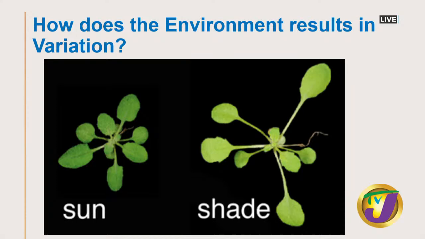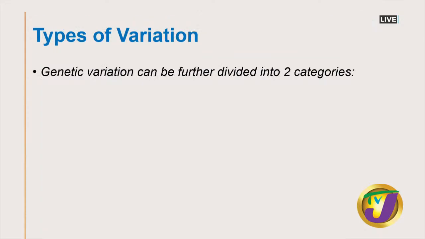So the leaves start to go yellow or have a lighter green color because it is not getting direct exposure to sunlight, versus the one that is out in the sun. So it's not just something that we see within the human population, but any animal, any plant, any kingdom, we can find organisms that show some amount of variation.